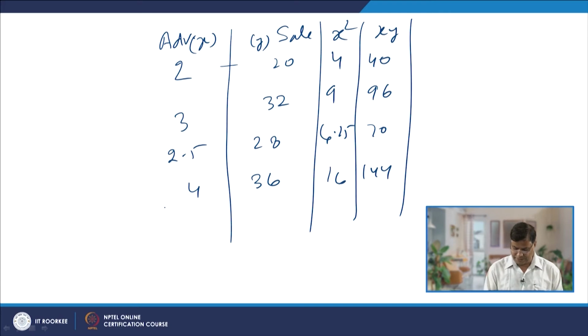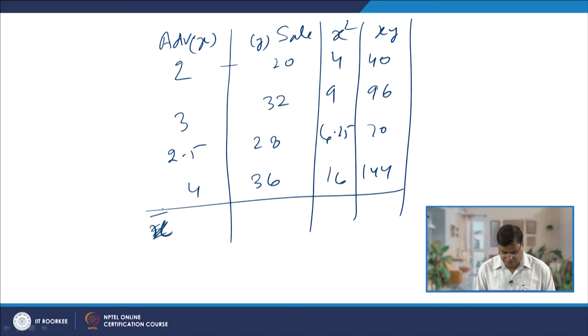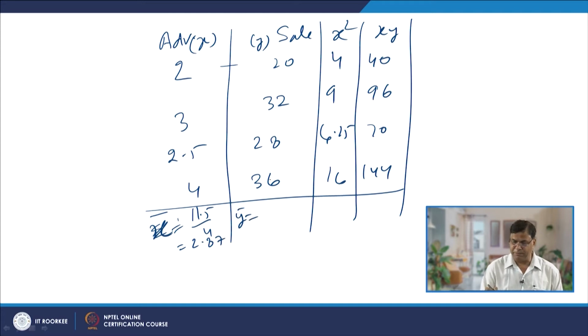Then we will determine x bar, the average x value, which will be 11.5 divided by 4, so this will be 2.87. Similarly, the y bar value is obtained from the sum of all the y values, that is 116 divided by 4, giving us 29.